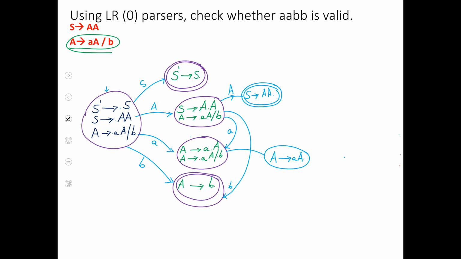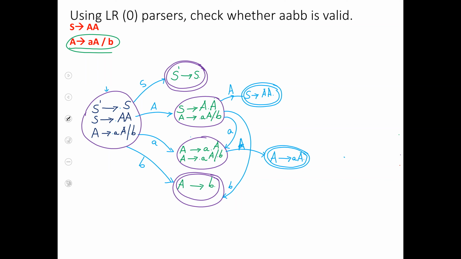On the encountering of small a, you will be having, not small a, capital A. On the encountering of capital A, you will have A dot. Dot is at the end. The poor guy, he need not encounter anything else, which means this is also a final state.